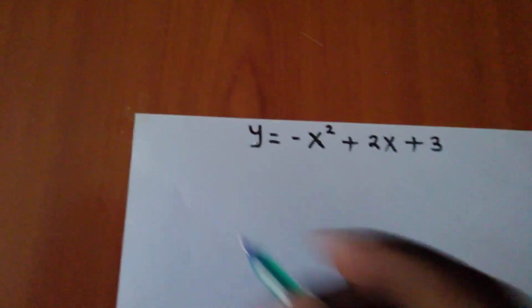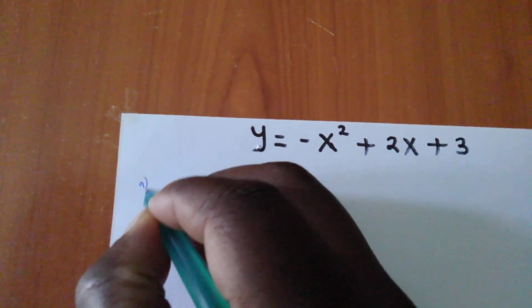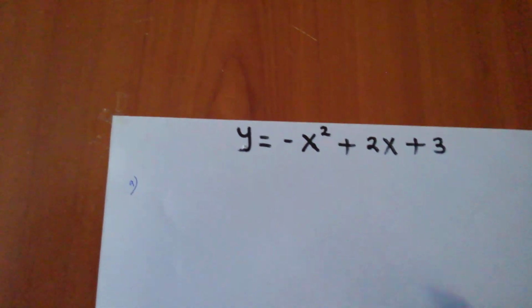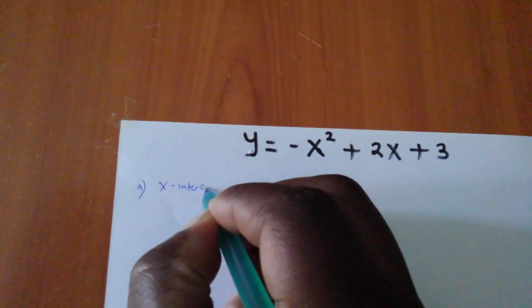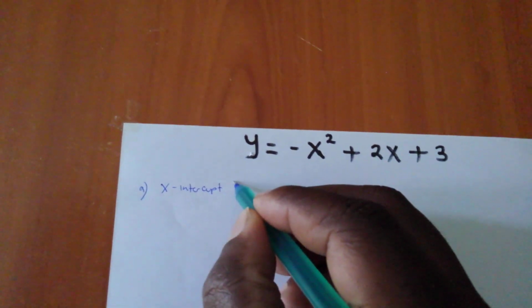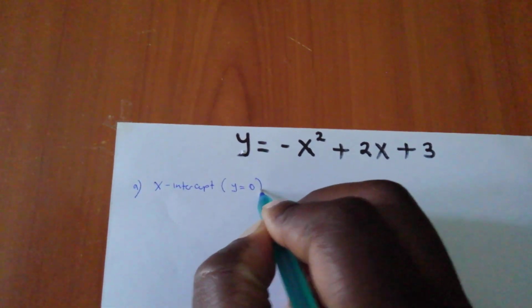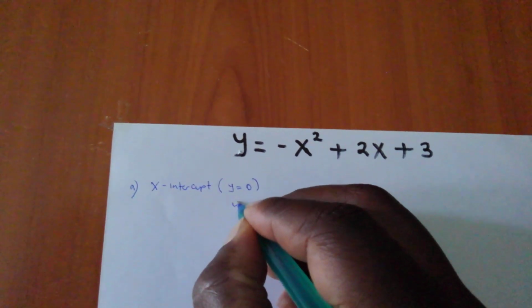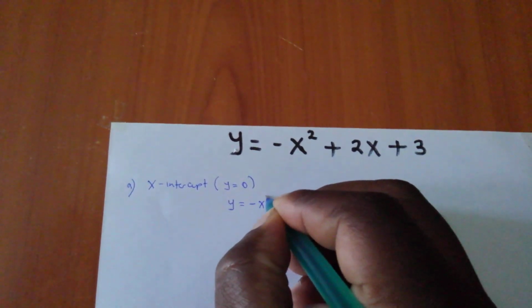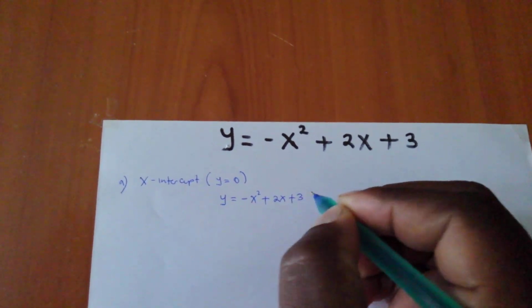So I'll start by saying, if I would call it part A, I have to find the x-intercept. This is where y is equal to 0. So I have this equation, y equals negative x squared plus 2x plus 3.